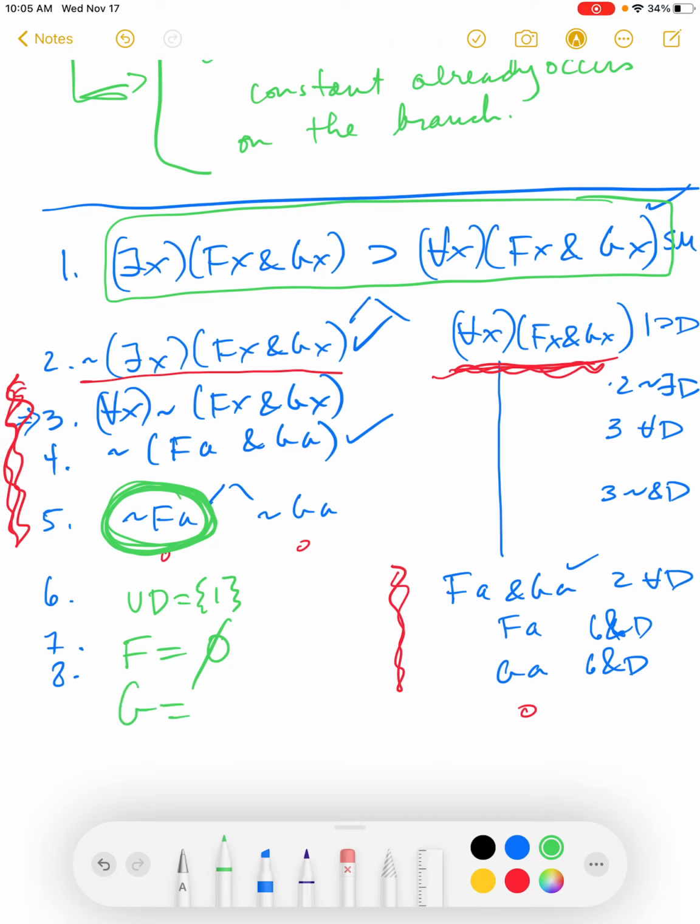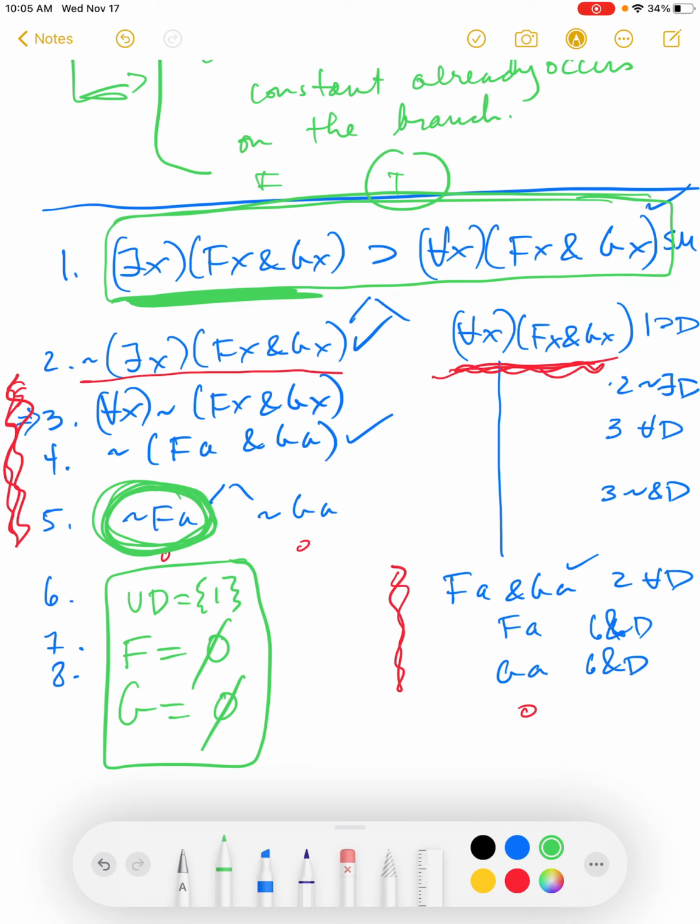As long as F is empty, this literal tells us the interpretation will do the job. But let's just make G empty, okay? Now, let's look at this interpretation. What's the truth value of the antecedent? There's something that's F and G. Well, that's going to be false, right? So if that's false, then the whole thing is true. So that interpretation does the job.